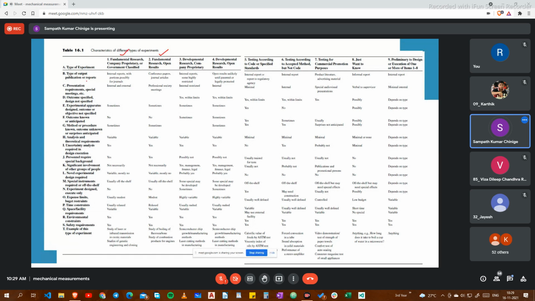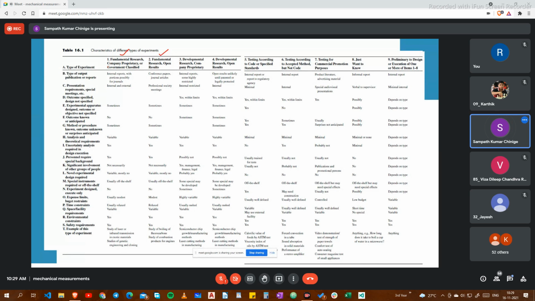So based on output publication or reporting, we are classifying the first and second. In the fundamental research, company proprietary means it is owned by a particular company, or government classified means only the government owns this kind of research. For example, whatever results ISRO provides are not open to everyone.